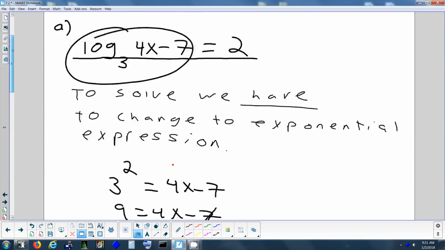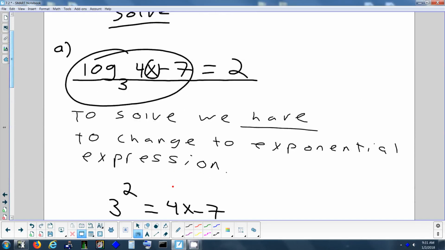Okay, so that was one where the variable was in the log. This part of the log, I don't think I told you this. What's in the parentheses there, that's called the argument. The x minus 7 is the thing you're taking the log of.